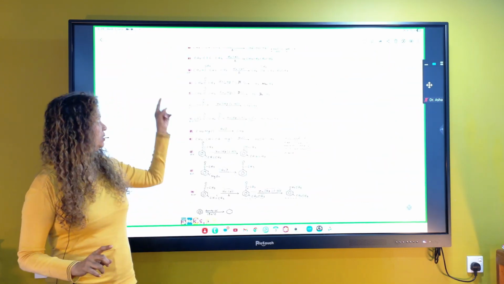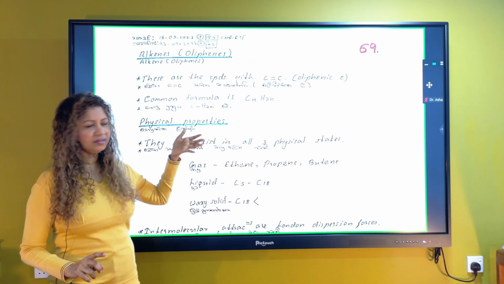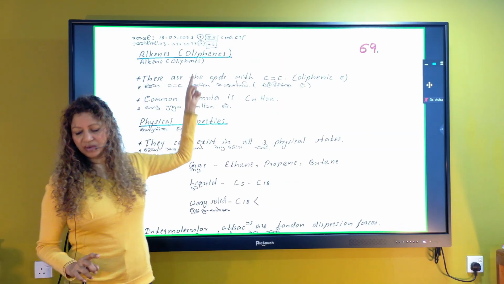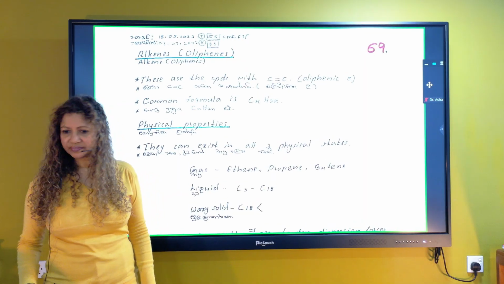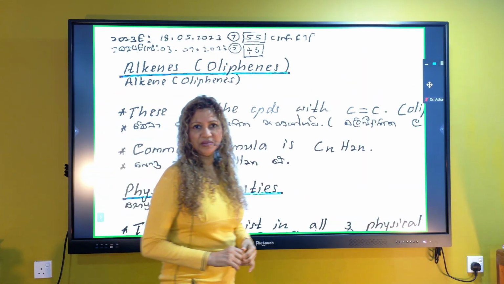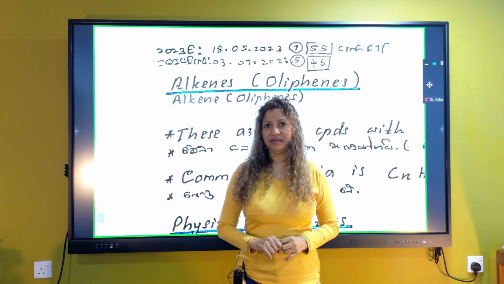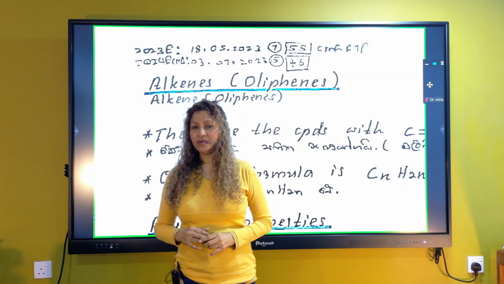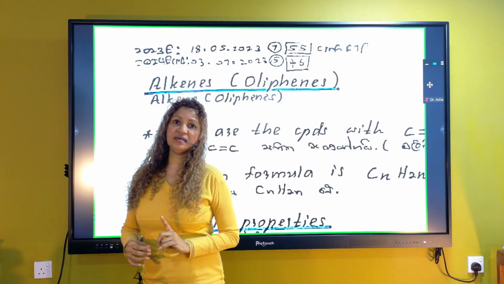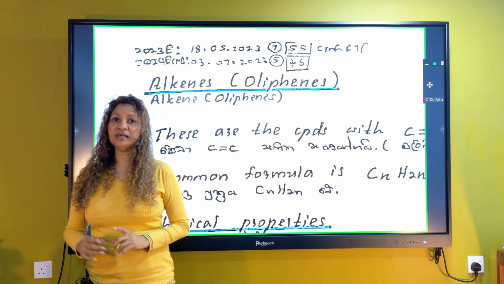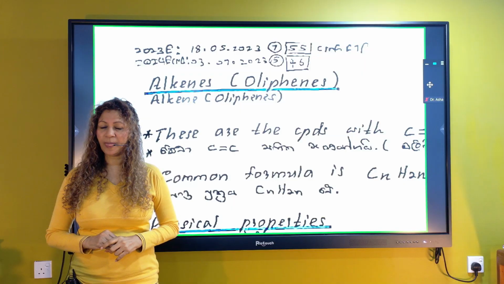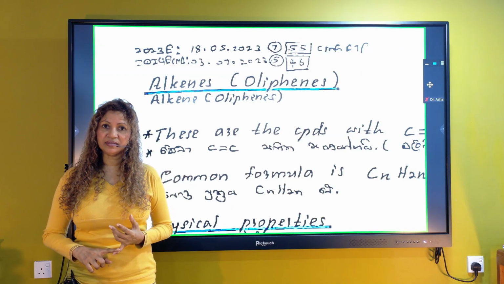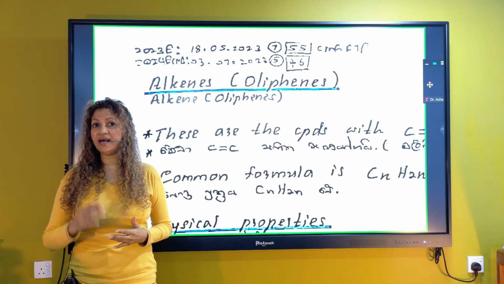Alkenes are also called olefins. These are the compounds having double bonds, non-polar, dipole moment is 0, so there is only one intermolecular interaction, that is London dispersion, which depends on the molar mass and surface area.